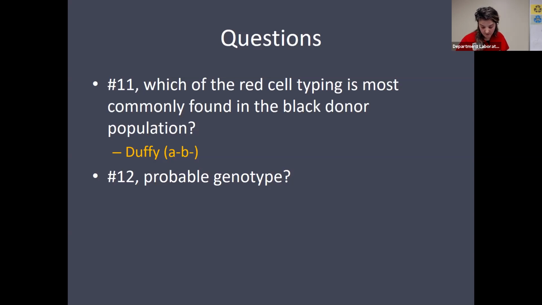Is B an option? What about C? Why is C not an option? Big C is not being expressed in that one, right? Is D an option? Yes, because you have big C, little c, and little e being expressed in that genotype.